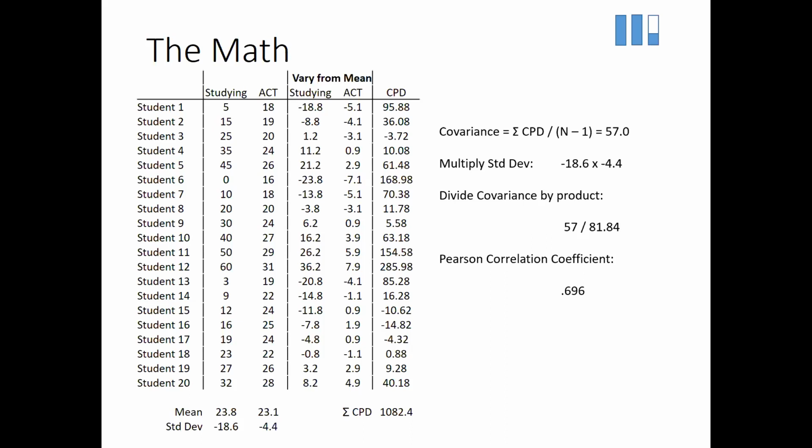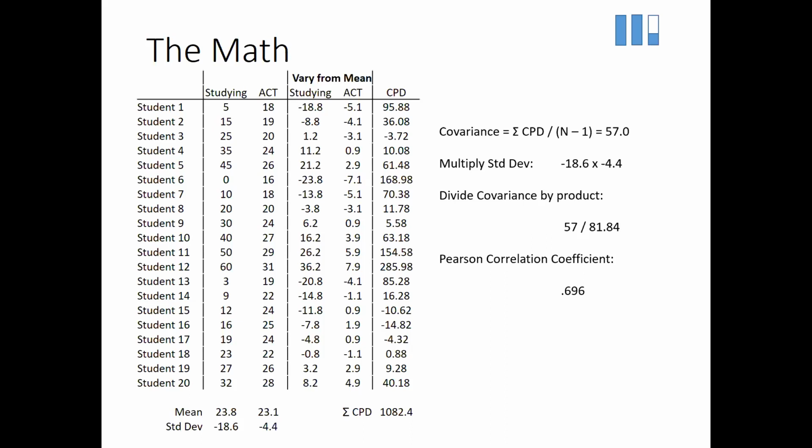We're combining two different things that could be varied in two very different ways, right? Number of hours studying could be well over 1,000. Here I kept it kind of simple. But when we multiply those products, we combine those differences across those variables, and then we use that to determine what the covariance is, which we then in turn utilize to determine what the Pearson correlation coefficient is. That's because the standard deviation is going to be influenced by the differences in these variables and the mean as well.